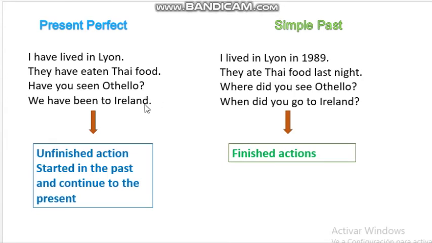It doesn't say when, so it means that it is an unfinished action that started in the past and continues to the present. Watch the difference: when did you go to Ireland? The answer should be when. So it is a finished action.